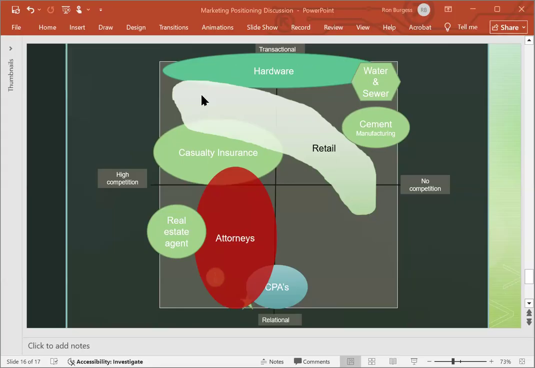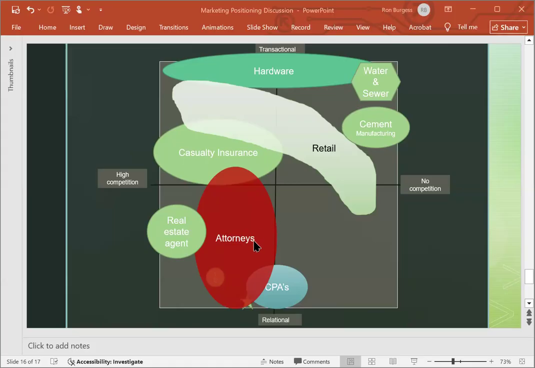Retail's similar in some ways, except when you come down into the no competition, this is where fashion stores, particularly high-end ones like Gucci and Coach, those luxury brands, tend to be down at no competition because they're so good at branding. And that actually can create a whole different kind of market for them.